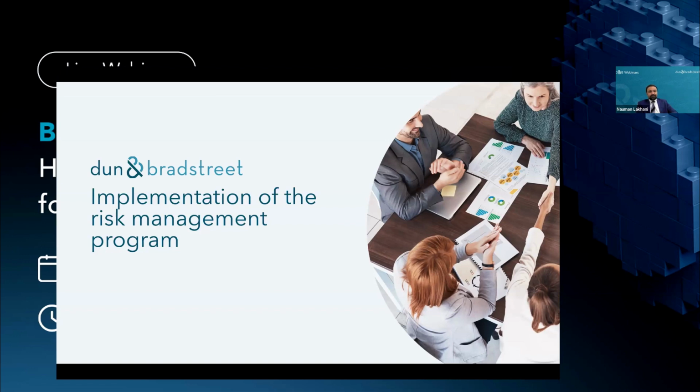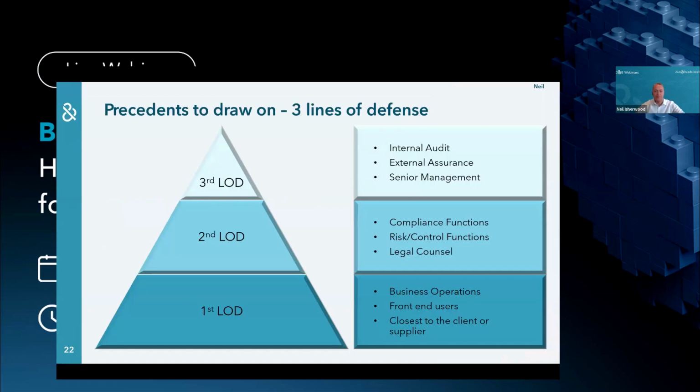Thanks, Naman. Yeah, so within this, each organization is different, so there's not really any right or wrong approach. But what we can do, if you're at the beginning of building a compliance process, is look at other industries to give us a head start.